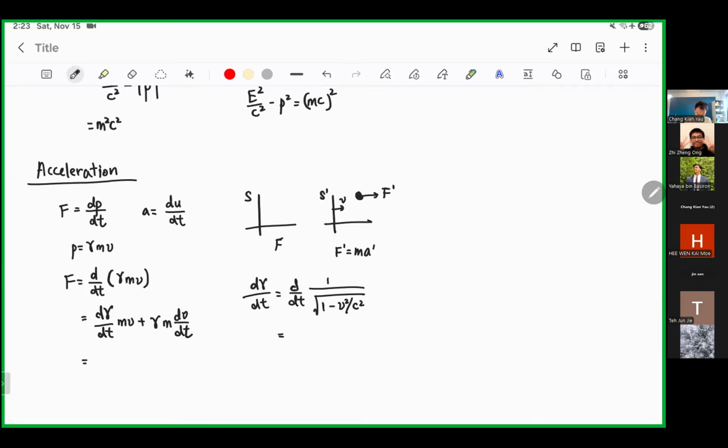And then it is 2v divided by c squared, and then dv/dt.